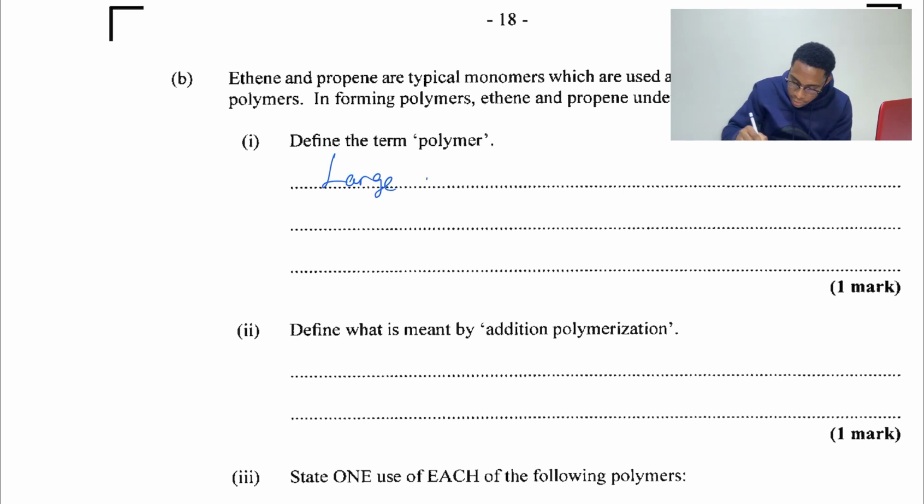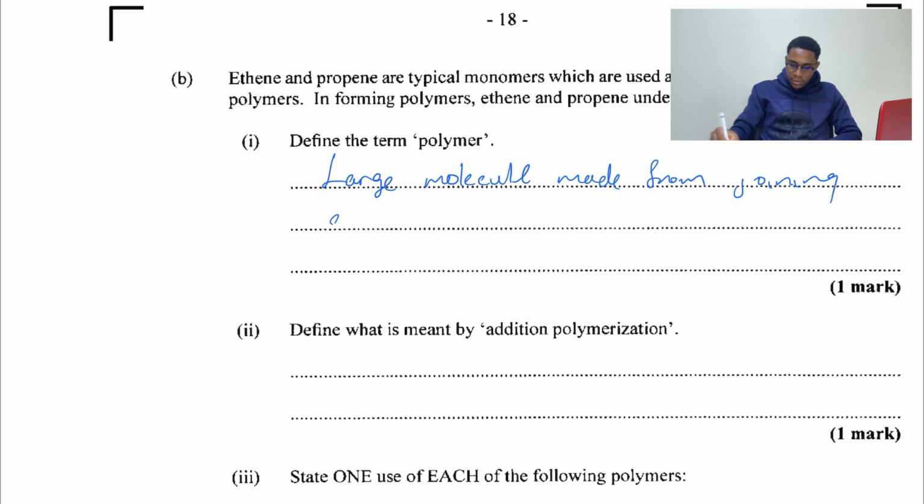And a polymer is really just a large molecule that is made from the joining together of smaller repeating monomeric units. So in short, it is a large molecule made from joining smaller monomeric units.